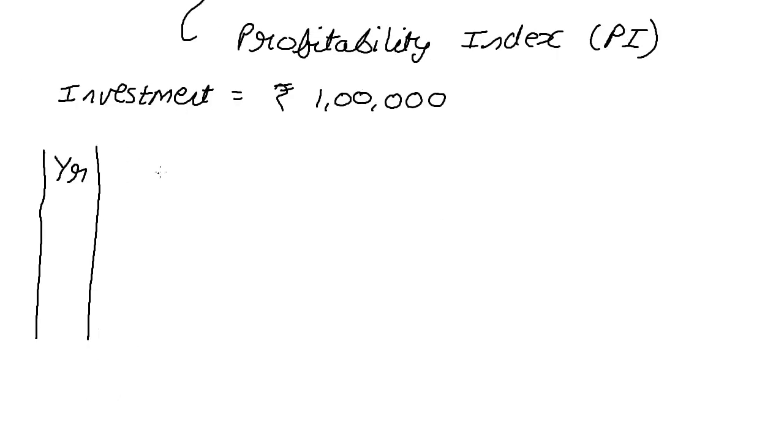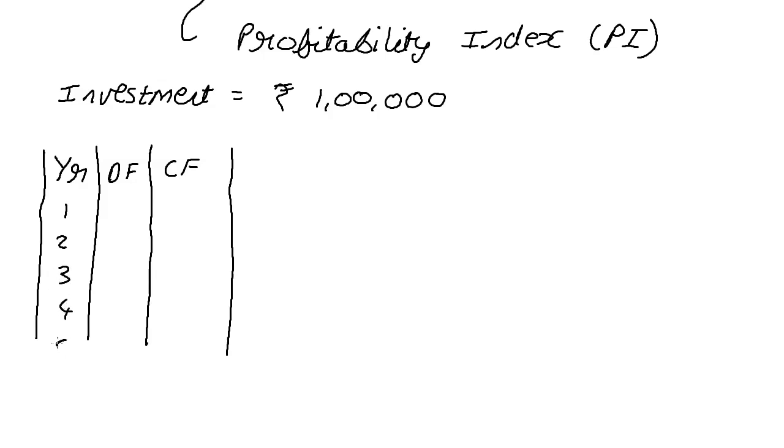I'm leaving one column for what we'll get into later, which is called the discount factor. But we have cash flow given to us in the question corresponding to years 1, 2, 3, 4, 5.